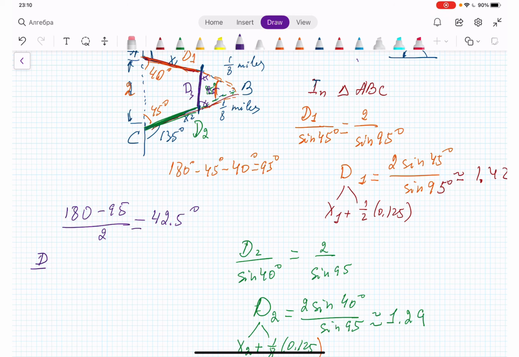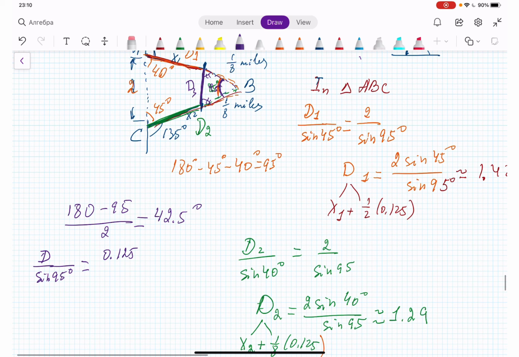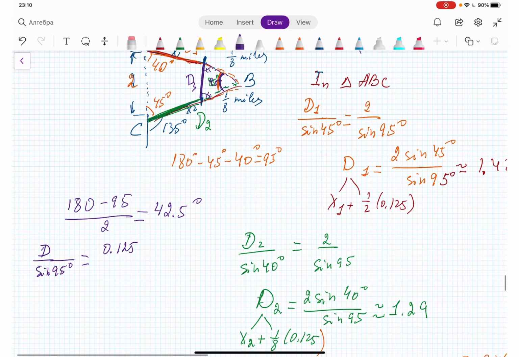D3 is related to sine 95, because this angle is 95 degrees, the same way as 0.125, which is this 1/8, against sine 42.5 degrees.